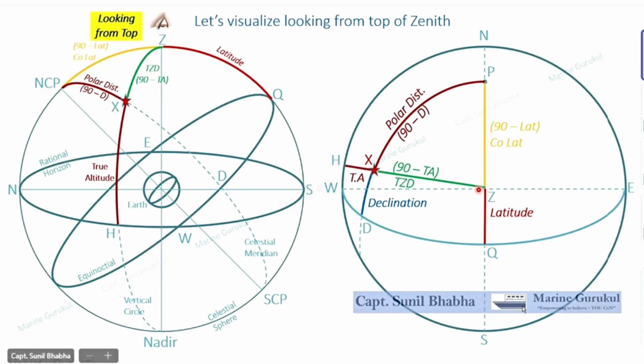So this is the reason why we use the rational horizon diagram so widely to solve celestial navigation based problems.